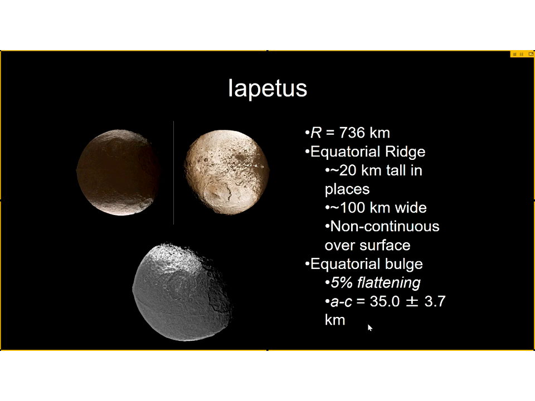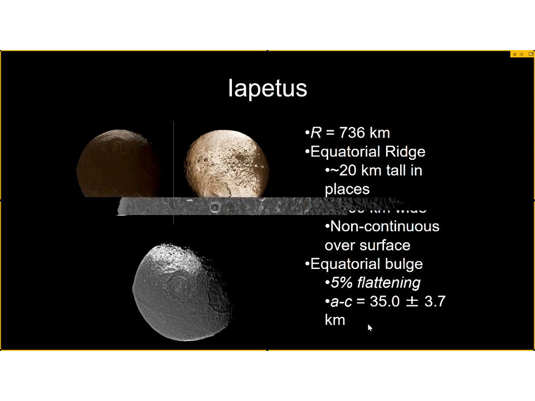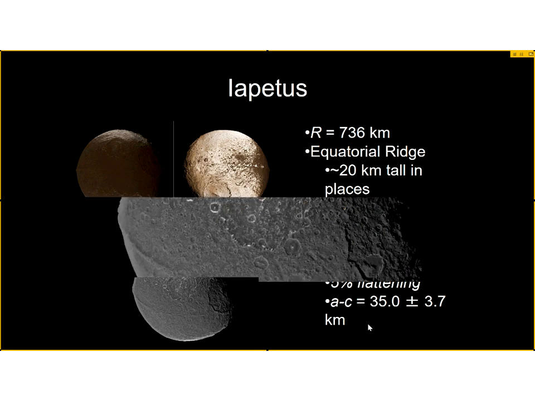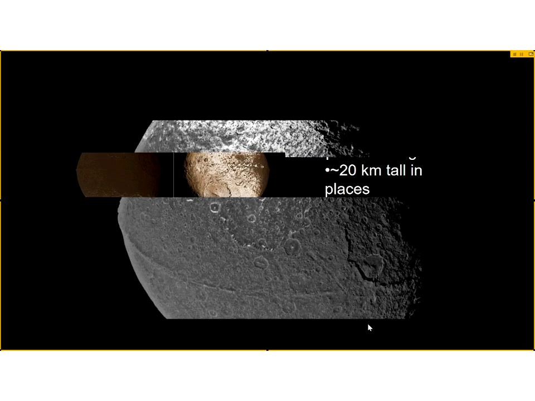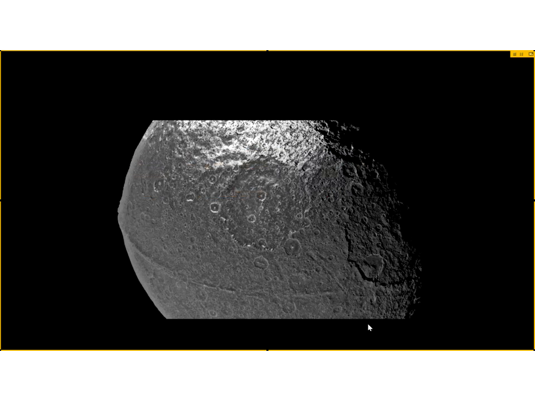So that's what I'm going to be talking about today, but I want to just give a little more background on Iapetus's ridge. What we think happened is that there was another body within the Hill sphere of Iapetus, which is basically its own gravitational field. So it's possible that this moon had its own moon. But the moon got so close that it started getting torn apart by tidal effects.